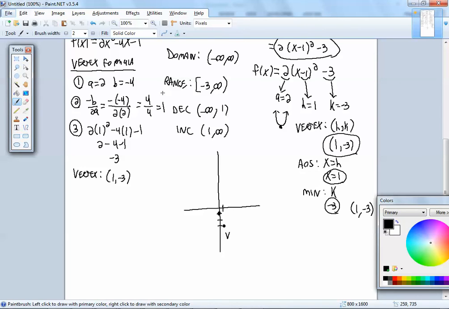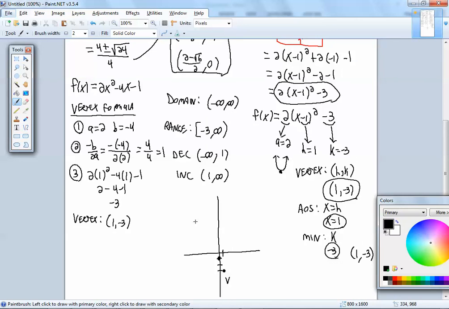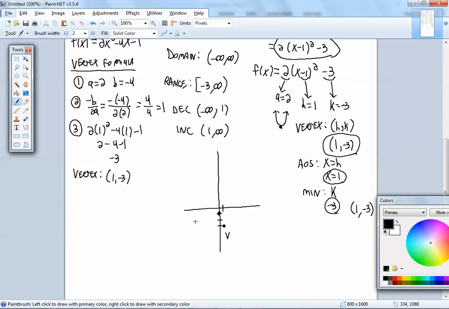Decimals and radicals don't usually help us, like the x-intercepts we see up here, unless I plug them in the calculator. But I'm trying to show these without using the calculator at all. Okay, so then our axis of symmetry is x equals 1, which should be a vertical line at that number.